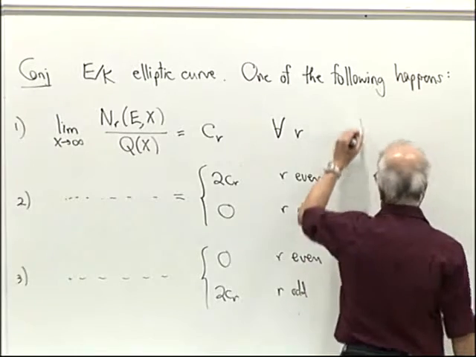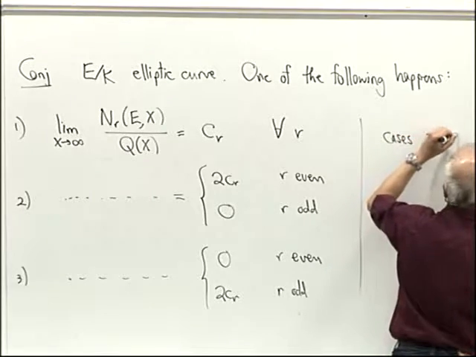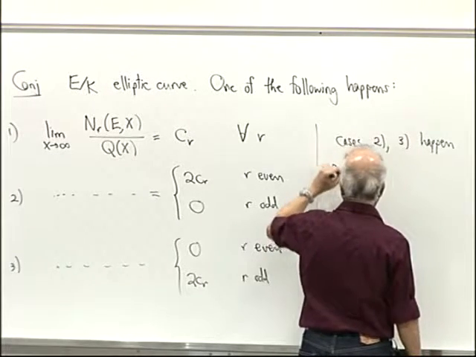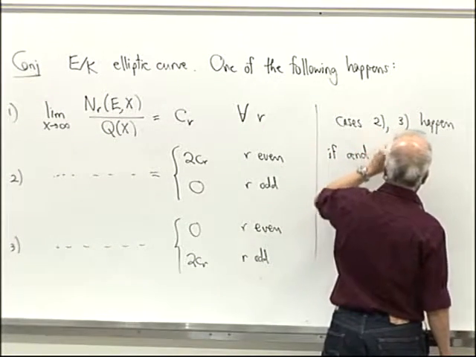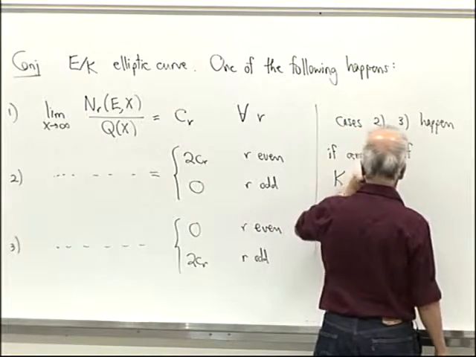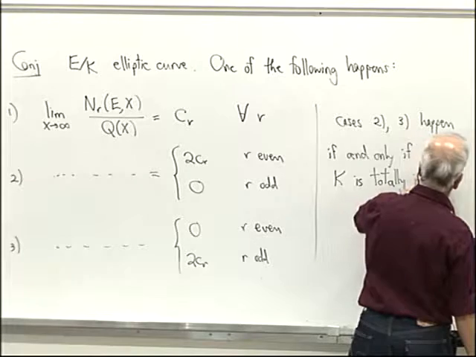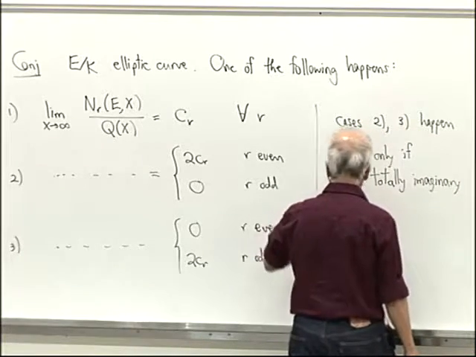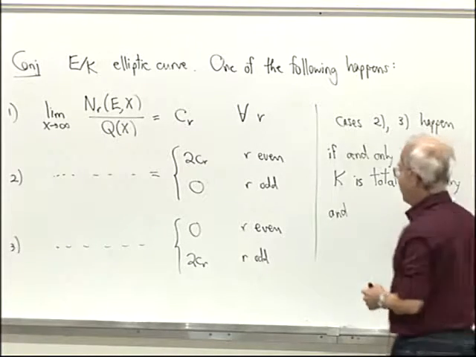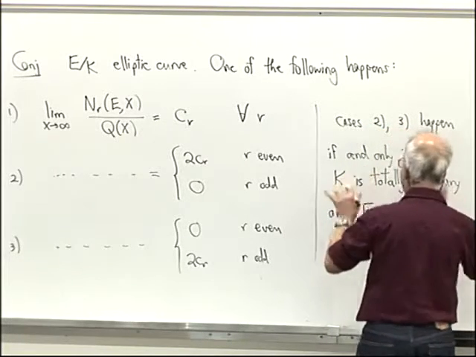We can say a little bit more, and that is that cases 2 and 3 happen if and only if K is totally imaginary, the number field K has no real embeddings, and the elliptic curve E that you start with gets good reduction everywhere over some abelian extension of K. So the exact condition is not important.